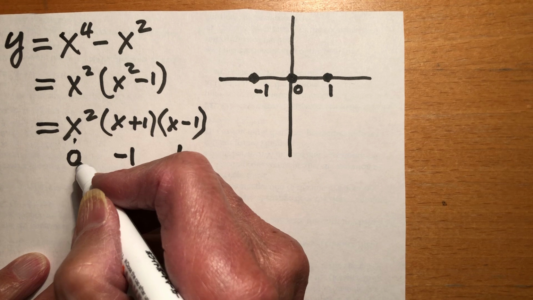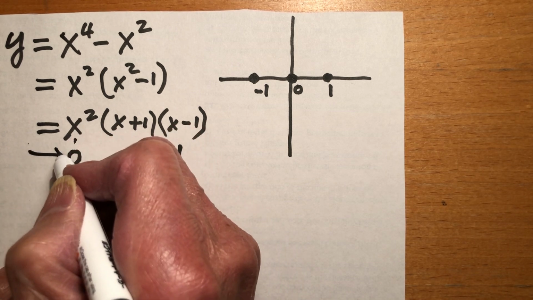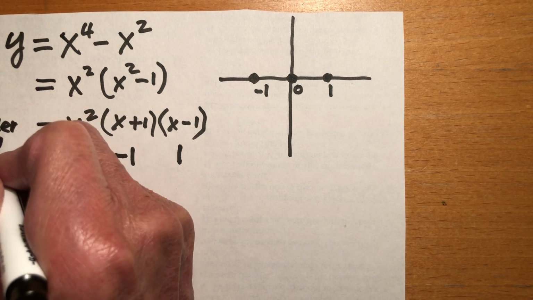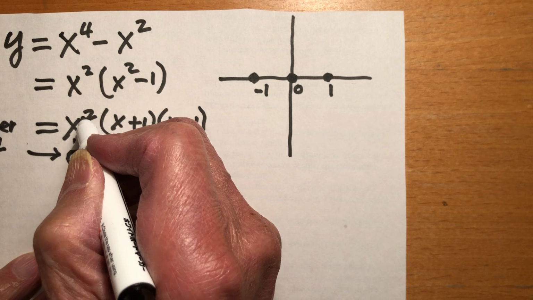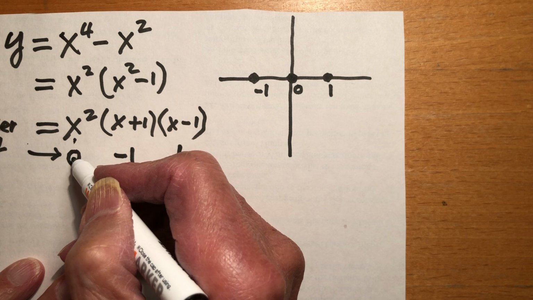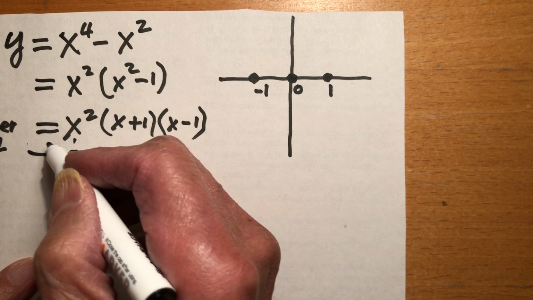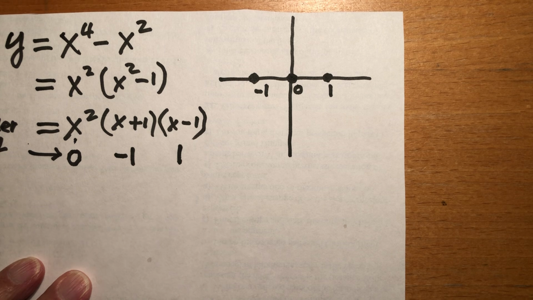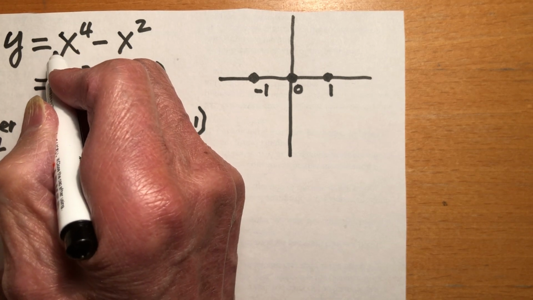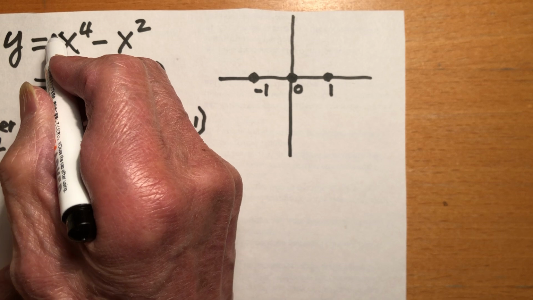Look, this is order 2 here because this is squared. So x equals 0, this x-intercept is order 2. Order 2 means you cannot cross the x-axis. You just touch the x-axis. The leading coefficient is this. This is 1, and the leading coefficient is positive.